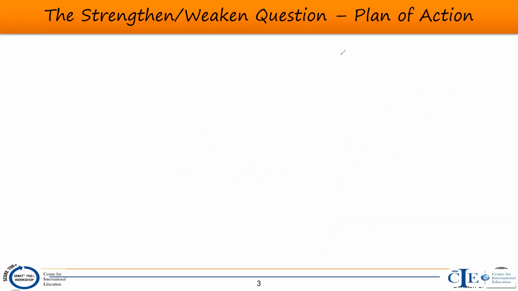For strengthen questions, what do we do? We'll come to it, but first type 2 weaken questions, let us see. Type 2 are those which are in the form of cause and effect. So the conclusion will be in the form of cause and effect.